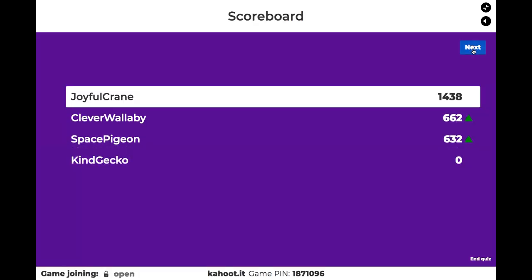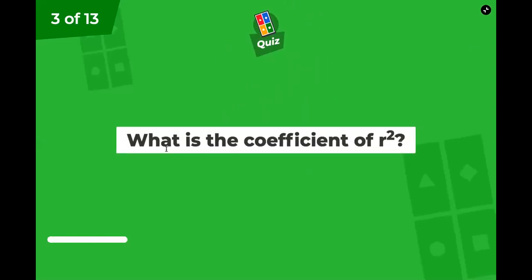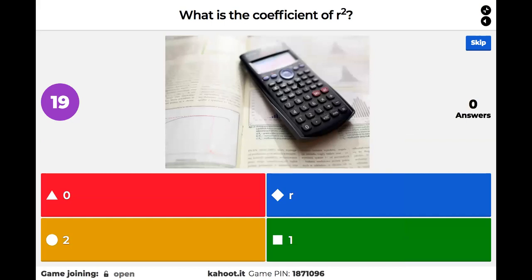Woo, look at all these numbers. Okay. What is the coefficient of r squared? So if it's r squared, what is the number going to be? Is it 0, r, 2, or 1? Because it's r squared. There's no number in front.